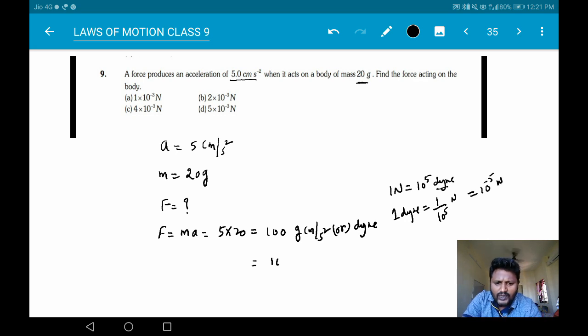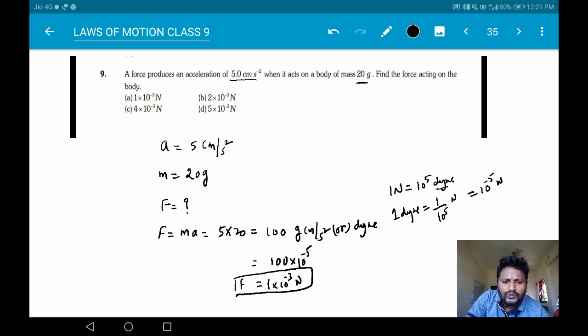So let us multiply, 100 into 10 to the power of minus 5. Our answer will be 1 into 10 to the power of minus 3 Newton. So this is the problem related to the conversion of unit dyne into Newton. To do this problem we should know this relation. Without knowing this relation we cannot get the answer, because the options will be given in SI.